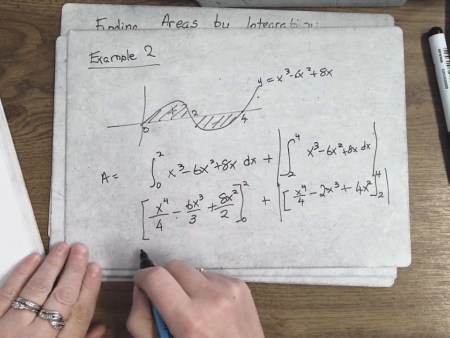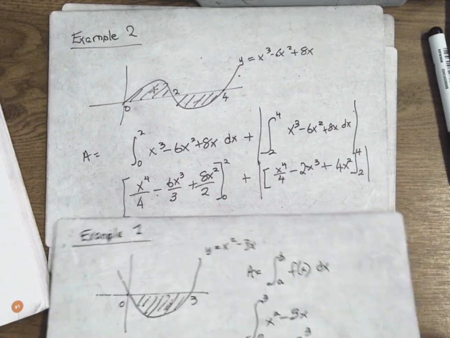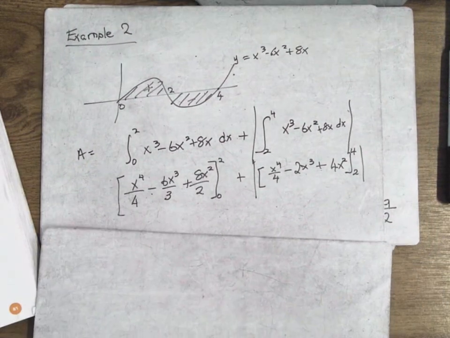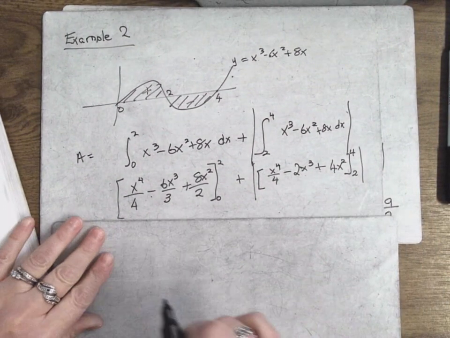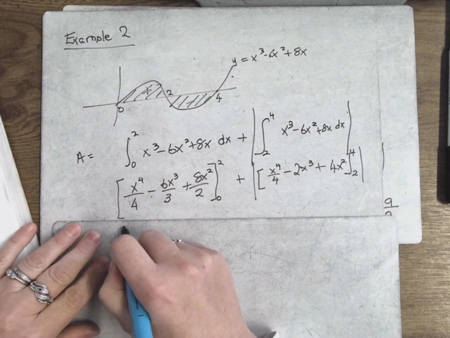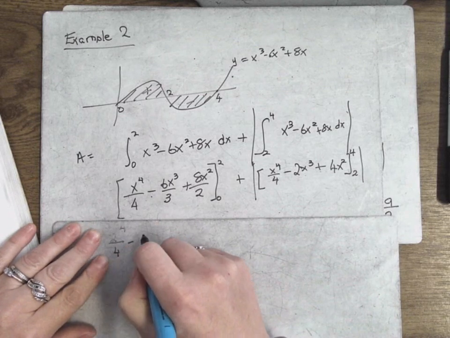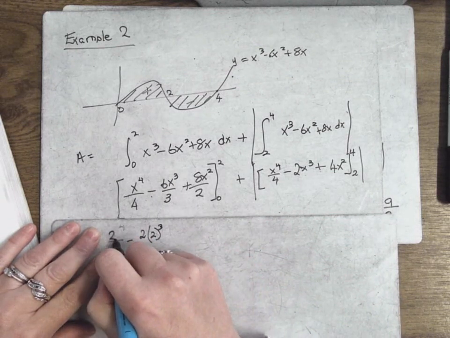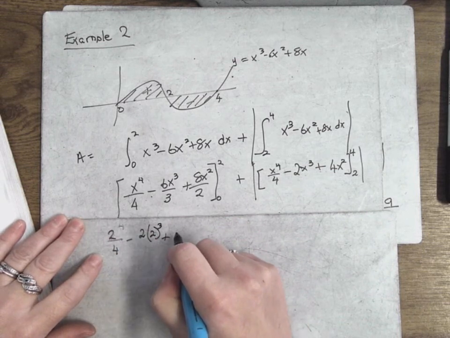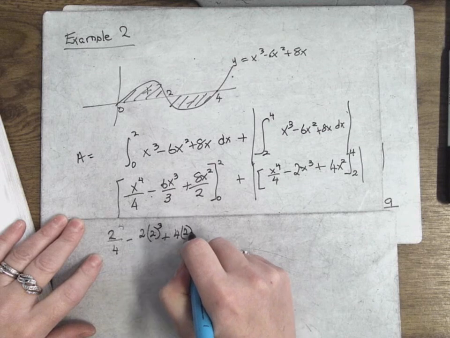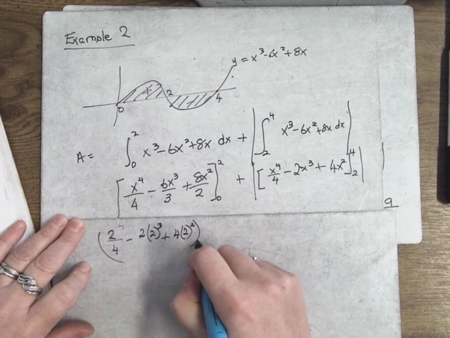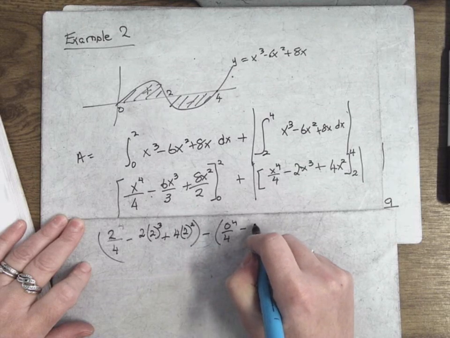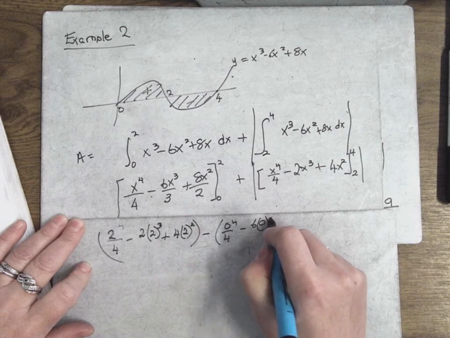So this one down here would be 2 to the power of 4 over 4, take away 2 times 2 to the power of 3, using the simplified version, plus 4 times 2 squared, take away, I have to fill in 0 to the power of 4 over 4 minus 2 times 0 cubed plus 4 times 0 squared.